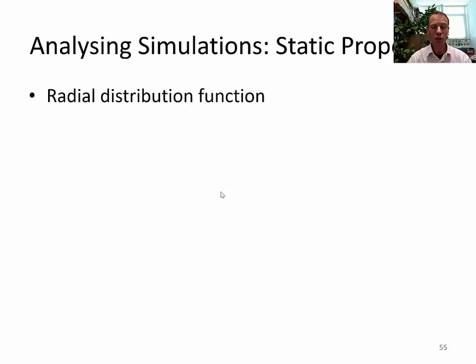This in particular is useful for looking at solvation around molecules, or the distribution of molecules just in a pure solvent. So what we need to do is we take a molecule of interest and we count the number of particles within a certain distance.